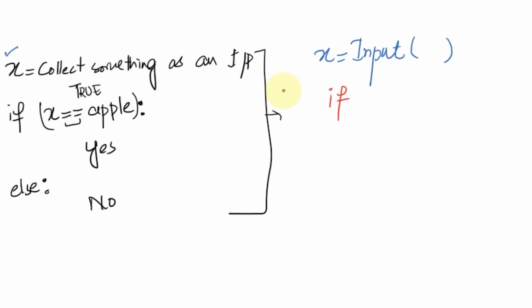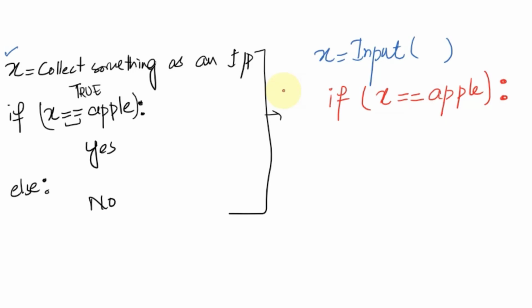It will ask whether x is equal to an apple. Again our developed rule here is that we have to put the colon at the end of the conditional statement.